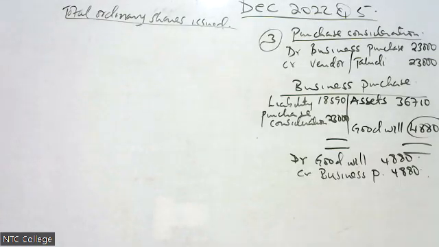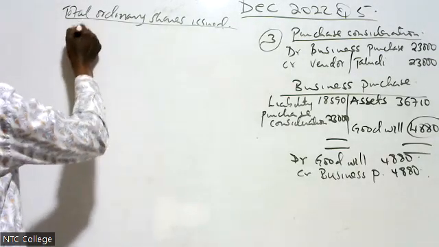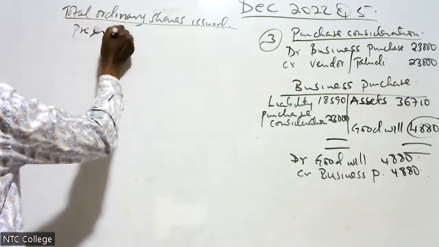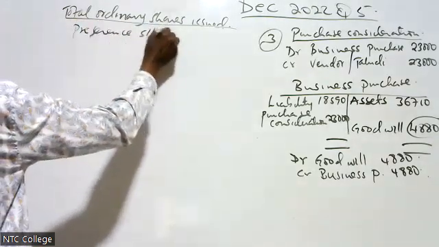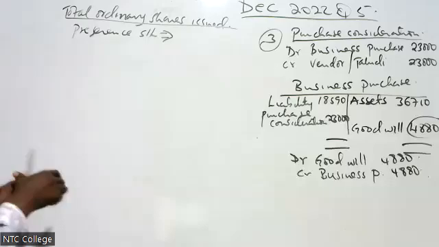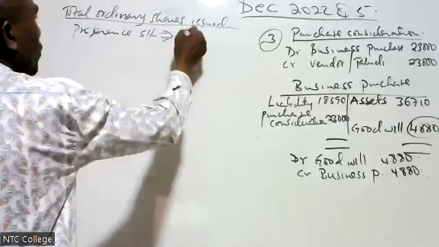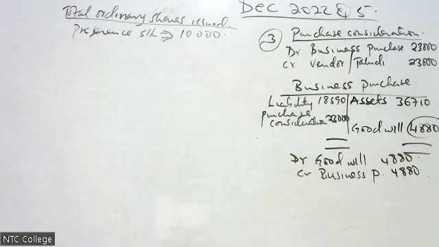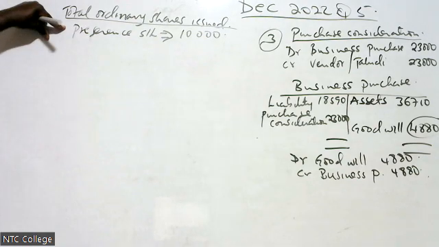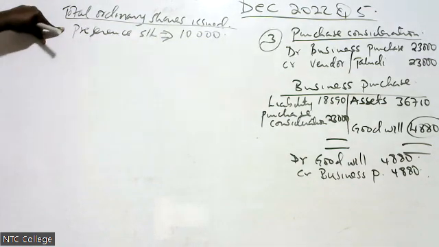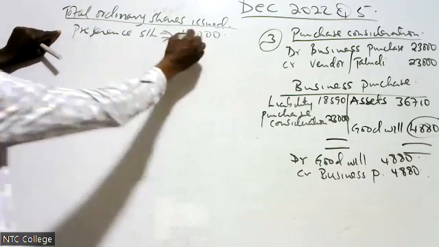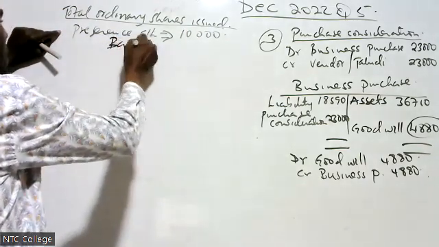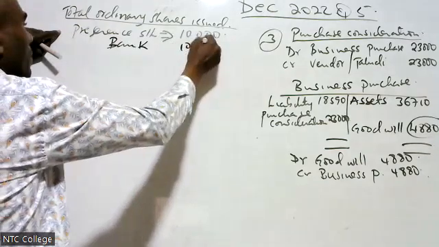Total ordinary shares issued. We issued ordinary shares to preference shareholders, which was 10,000. In your business purchase consideration, in your purchasing company account, we issued ordinary shares to preference shareholders, of which they want to add more money back, 10,000.